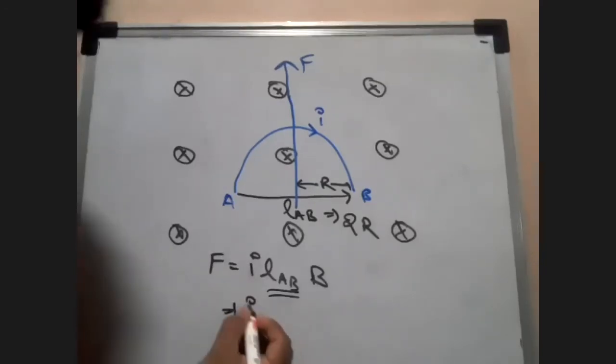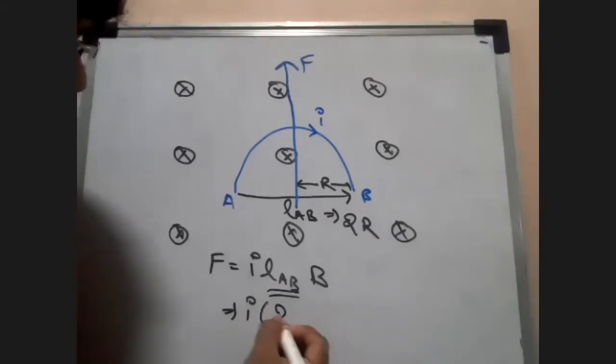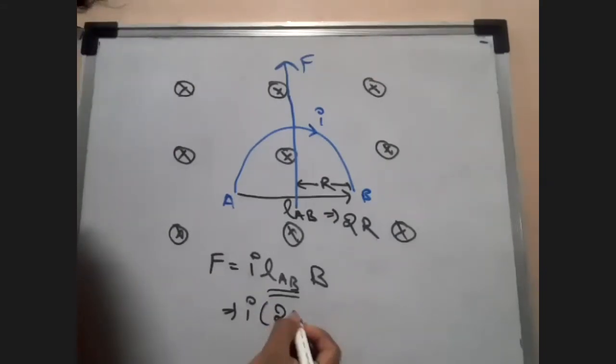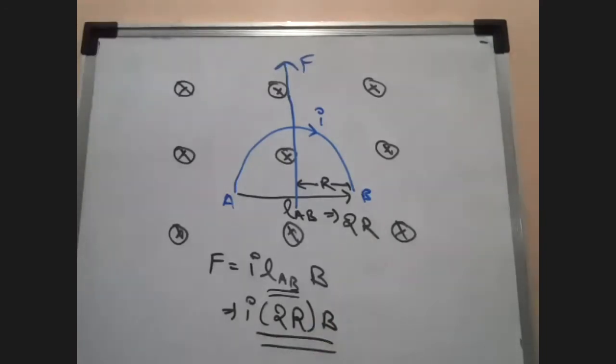So you can have questions like this where you will be asked to express it in the form of radius. That time don't get surprised. This is as simple as it gets. I into 2R into B. So be careful of the options that you receive in your exams. Sometimes you might get IRB and you'll tick mark that, which is wrong. It is I2RB.